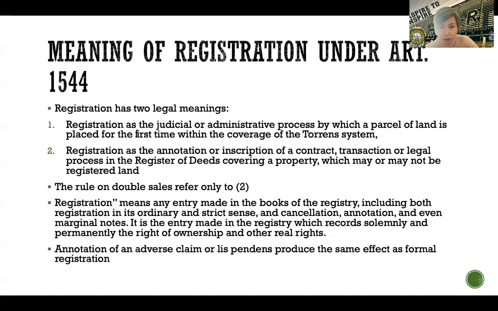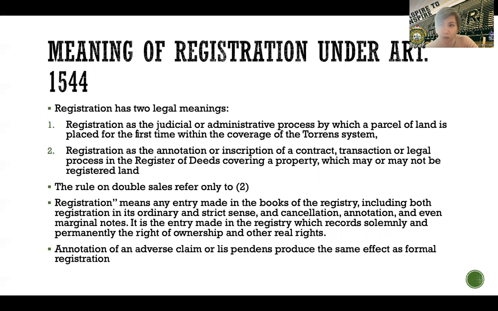So it is any entry in the registry which records solemnly and permanently the right of ownership and other real rights. So annotation, guys, of an adverse claim or a lis pendens produces the same effect as formal registration.